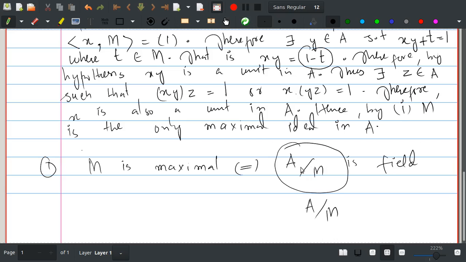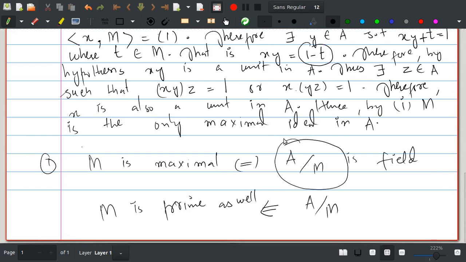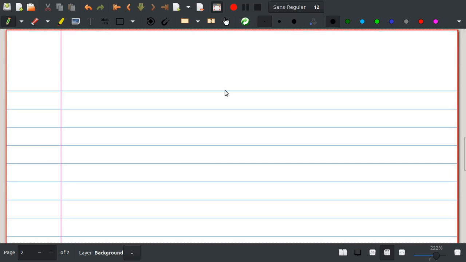So this would imply M is prime as well. So in commutative rings with unity, every maximal ideal is a prime ideal, but this is not the case in the reverse direction. Every prime ideal need not be a maximal ideal.